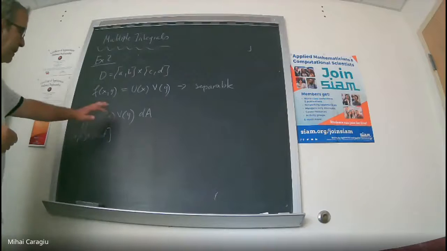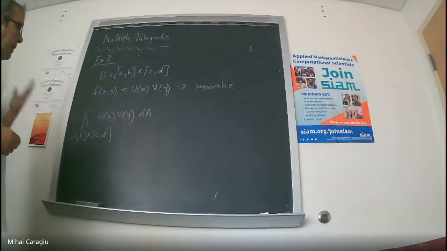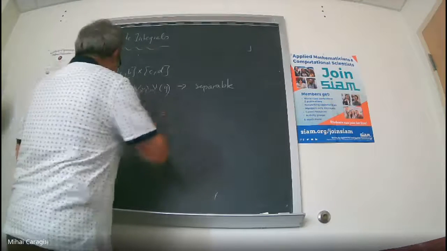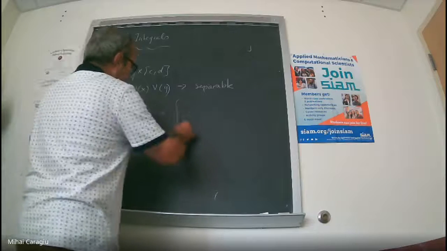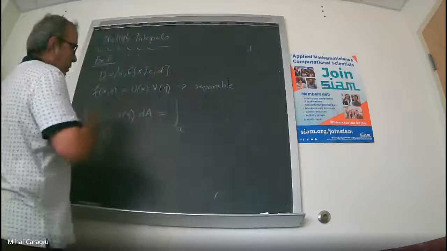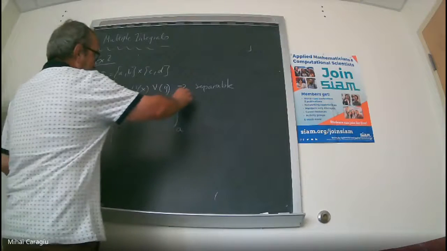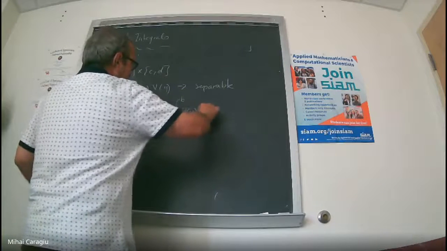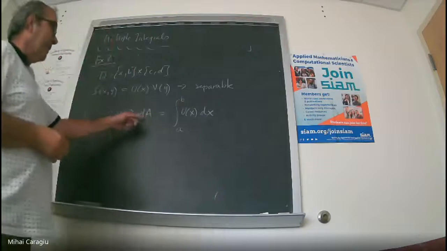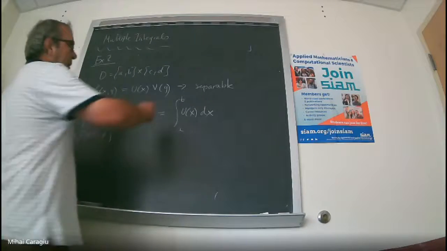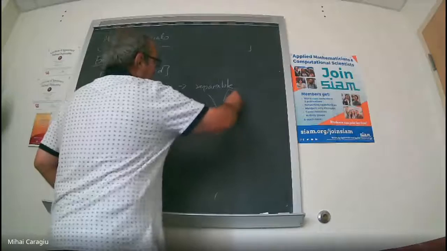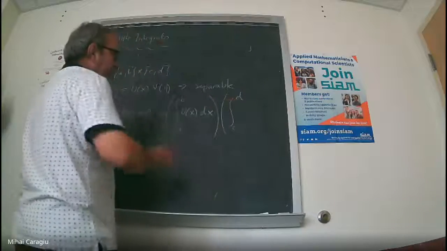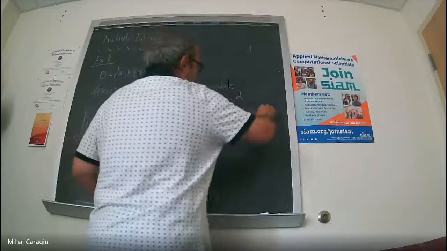So this double integral is a product of two calculus 1 integrals. The x integral is the integral from a to b, because x varies from a to b, of u of x dx. Dx is part of dA, because dA is dx dy. Times the integral from c to d, the y part, of v of y dy.